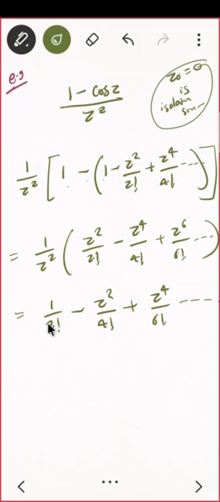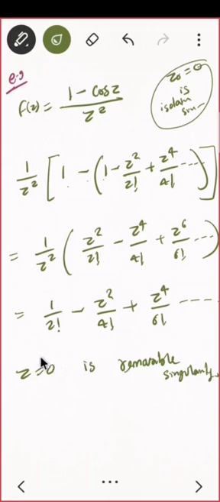See, there is no term of 1 by z, no 1 by z squared, nothing like that. That means all bn's are 0. So what will you say? z = 0 is a removable singularity, correct?